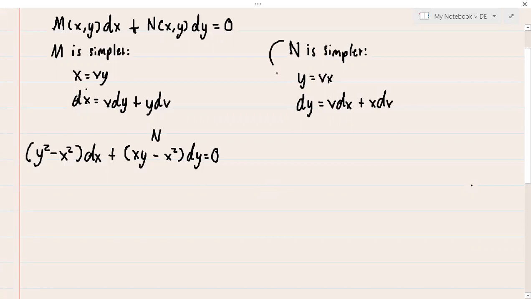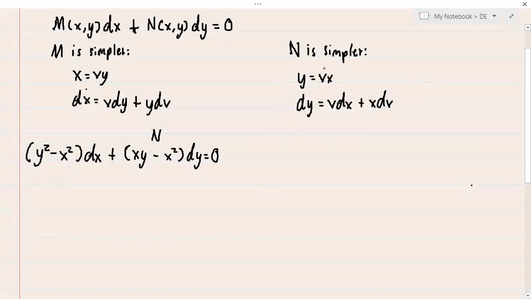So dahil dyan, I will use this formula. So if N is simpler, then y is equal to vx. Then si dy, magiging v dx plus x dv. So now let's substitute. Okay?